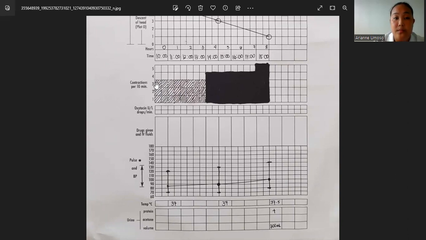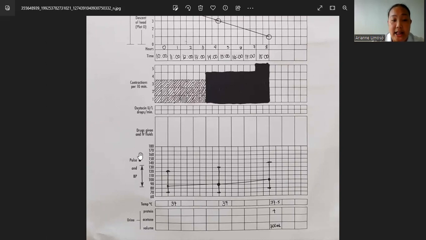Then in the second 4 hours, there are 4 per 10 minutes, and it is solid shading because the contraction is more than 40 seconds. And in the last hour, there are 5 per 10 minutes, and this is also solid shading.